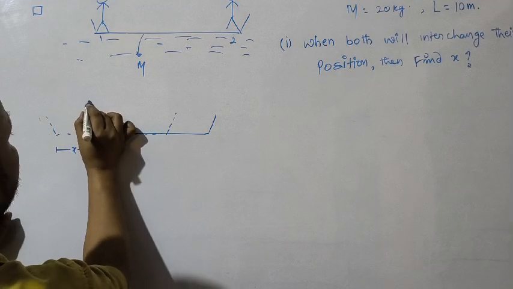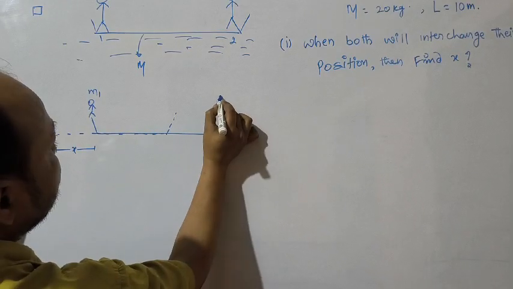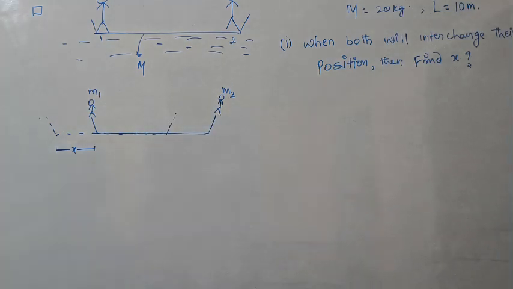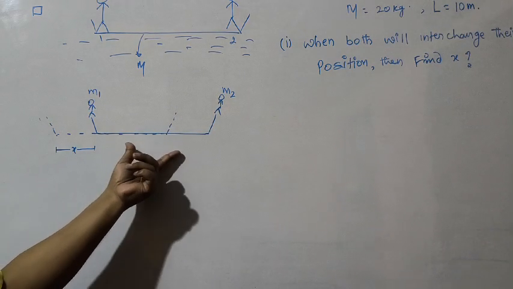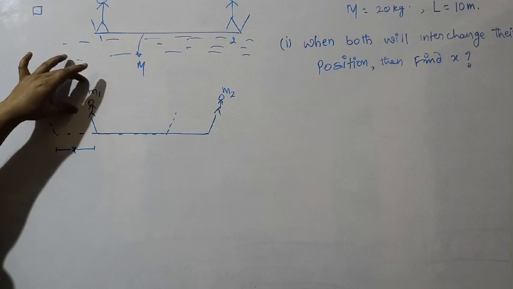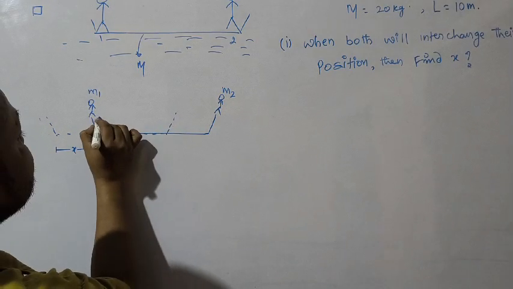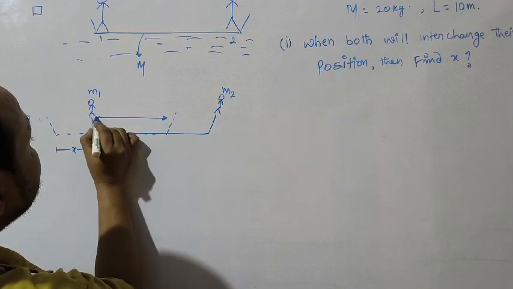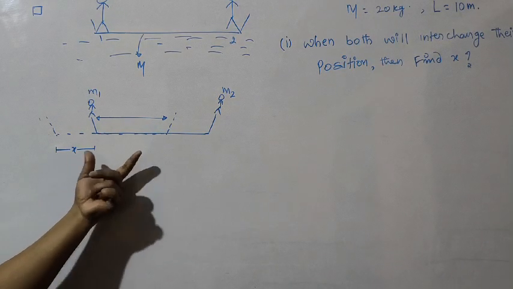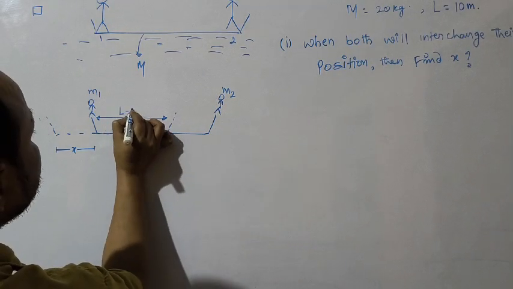Now this is the person m1 and this is the man m2. The boat travels x, and the distance traveled by m1 to reach the opposite end will be L minus x.